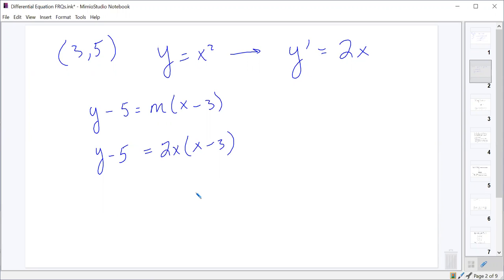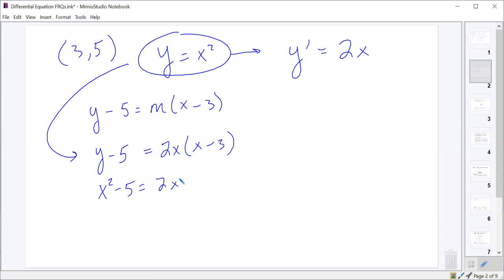And so in order to do that, we can just take y equals x squared, plug that in for our y, and get x squared minus 5 equals 2x squared minus 6x, and then solve for x. Subtract the x squared gives us x squared minus 6x plus 5 equals 0.